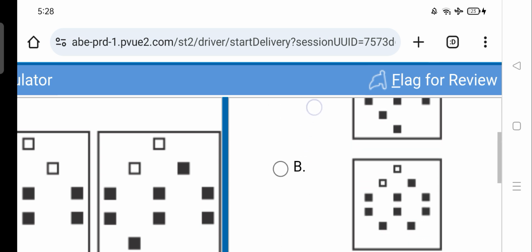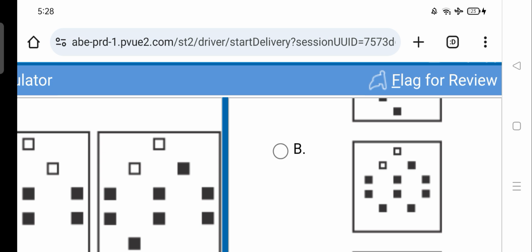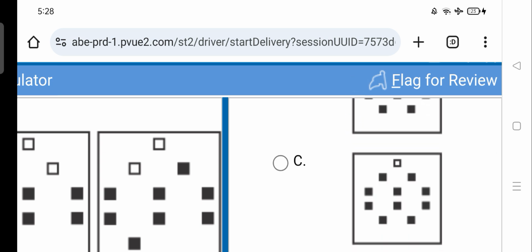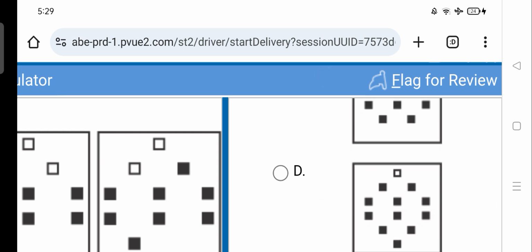And for option B, we have this set of shapes. And for option C, we have this set of shapes. And for option D, we have this set of shapes. So now let's see which is the correct option.